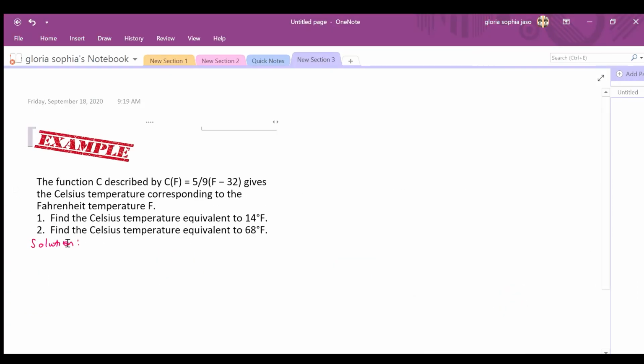For number 2, find the Celsius temperature equivalent to 68 degrees Fahrenheit. So, this time, we will be evaluating C of 68. So, C of 68 degrees, so equals 5 over 9 times 68 degrees.